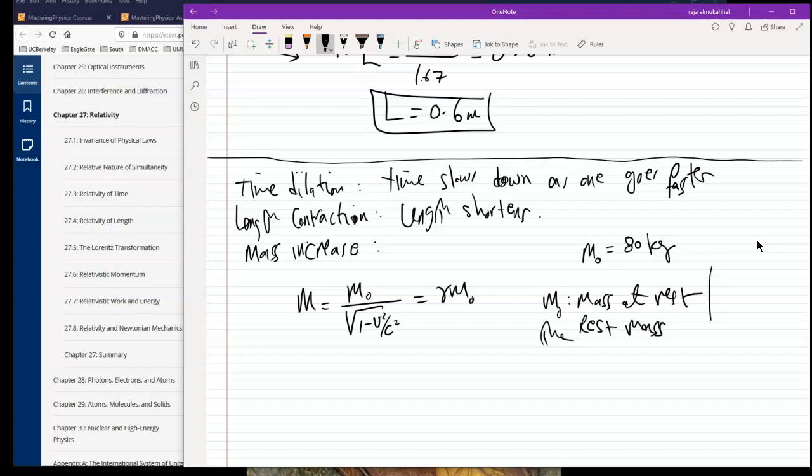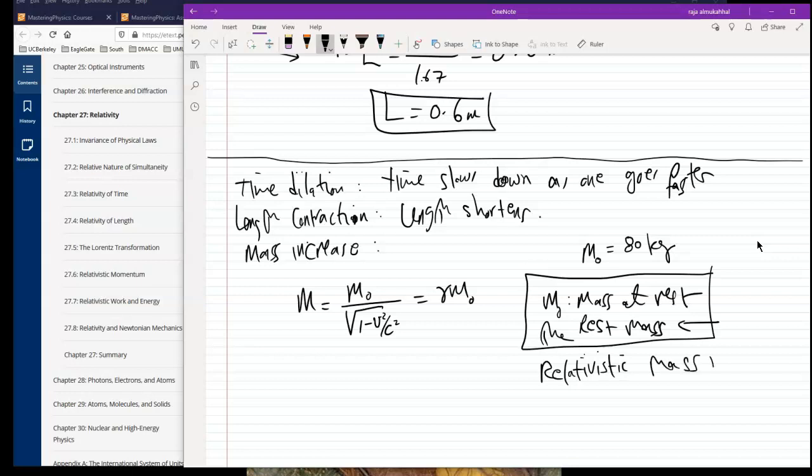Make sure you know this term, the rest mass, which means mass when you're not moving. And the relativistic mass is m. It gets heavier and heavier.